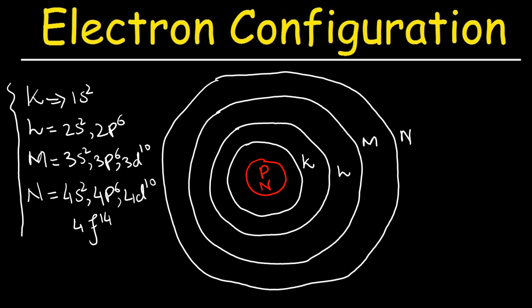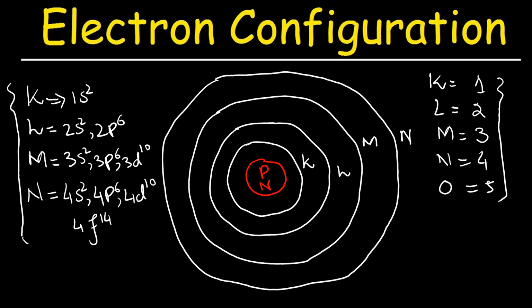So the first shell, the K shell, has one subshell. The L shell has two subshells, the M shell has three subshells, the N shell has four subshells, and the O shell will have five subshells, and so on.